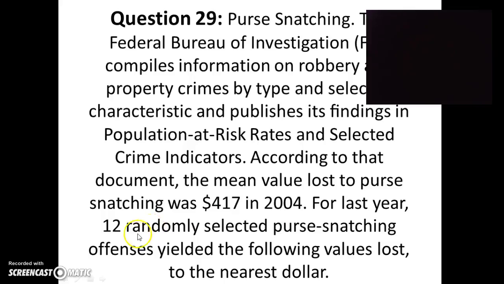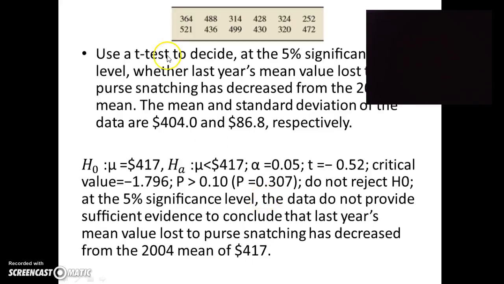Last year, 12 randomly selected purse snatching offenses yielded the following values lost to the nearest dollar. These are the values. For this data, use a t-test to decide at the 5% significance level whether last year's mean value lost to purse snatching has decreased.